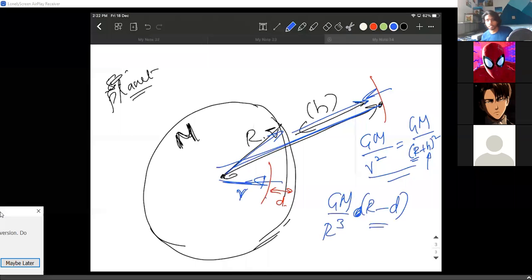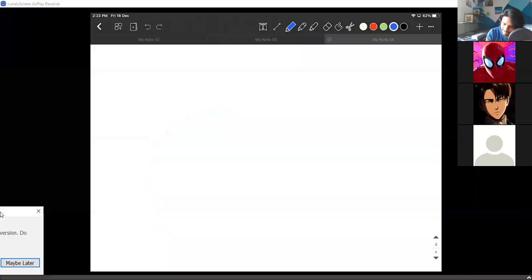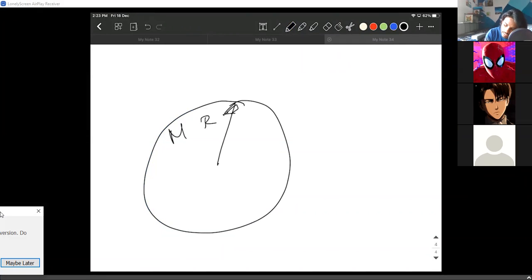Let me repeat this thing. You might get confused somewhere, so if you are lost, let me bring it back to you. What I'm doing is taking a planet of mass M and radius R. Let us consider a point here and a point here. This point is at a height h.